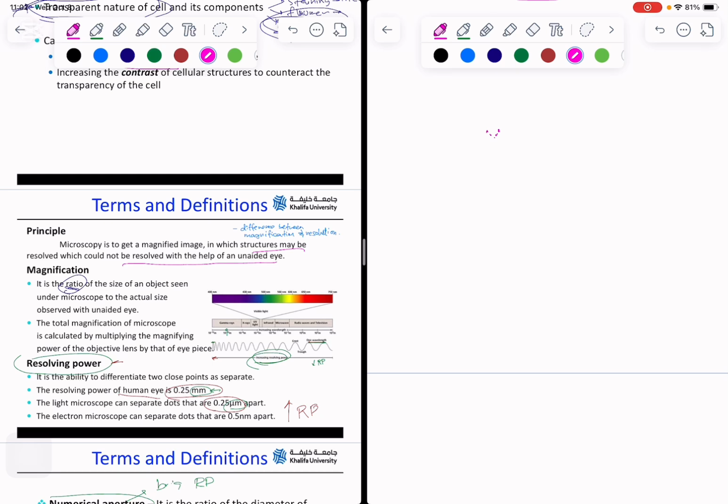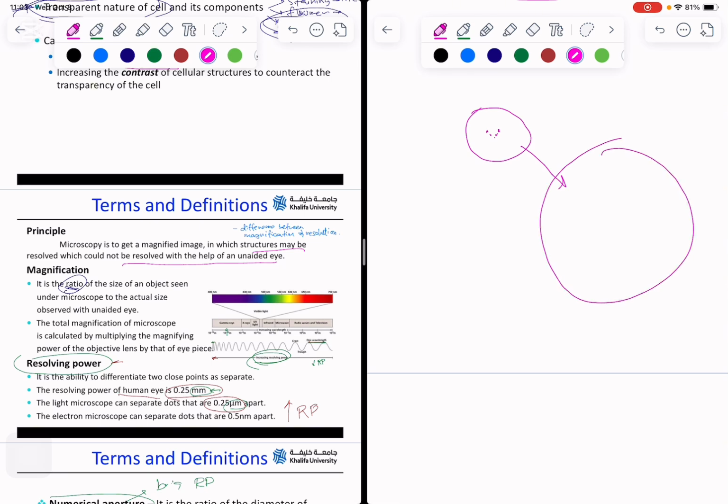The magnification, here it's written as a ratio. Anytime you hear a ratio, just know it's going to be something of a fraction, with a numerator and a denominator. So magnification depends on two things: what we actually see with our naked eye, and what I will actually look at under the microscope.